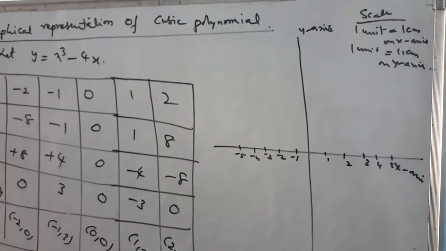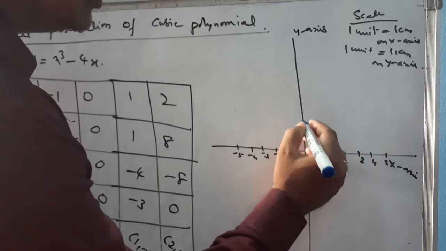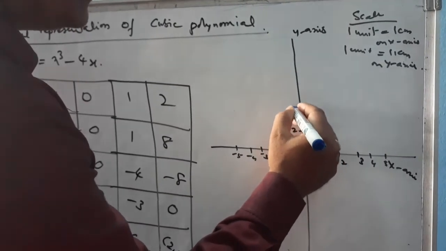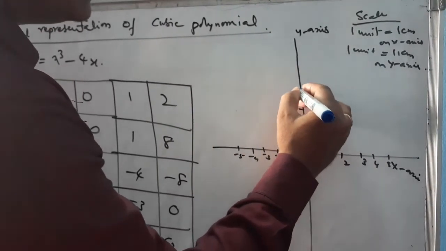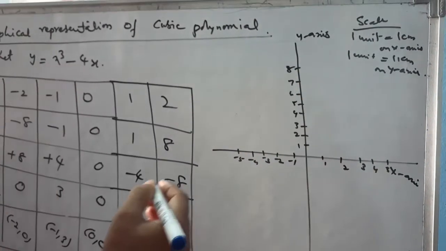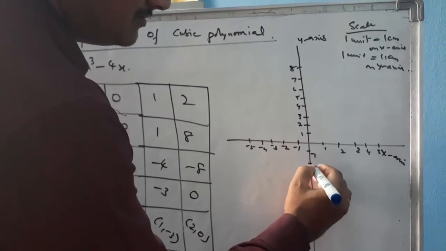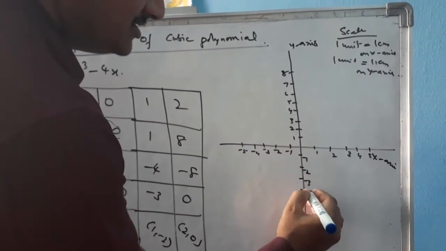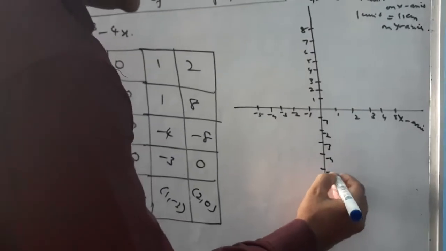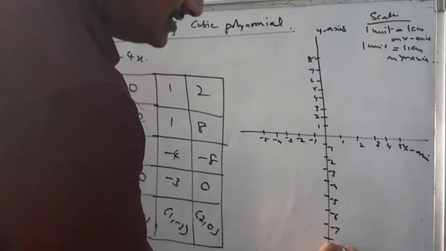For the y values we take 1 to 8 and minus 1 to minus 8.